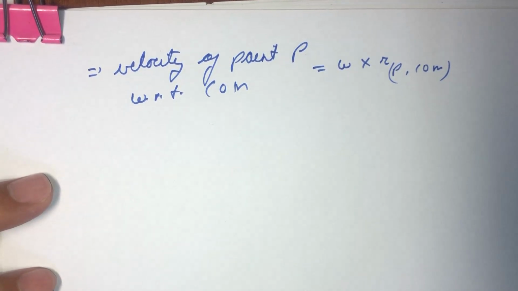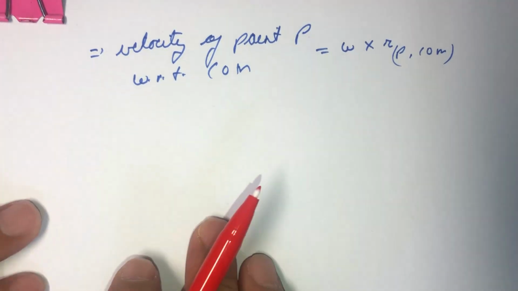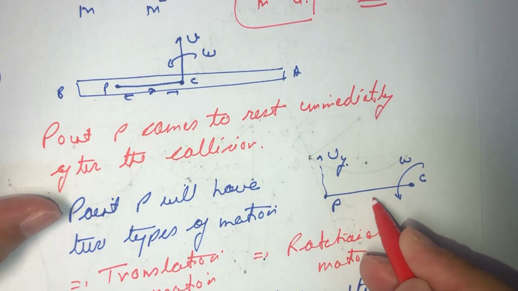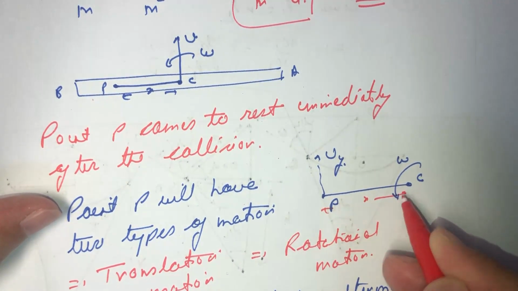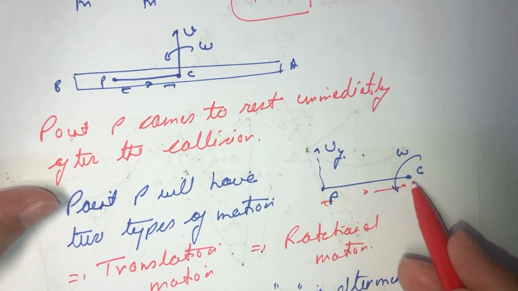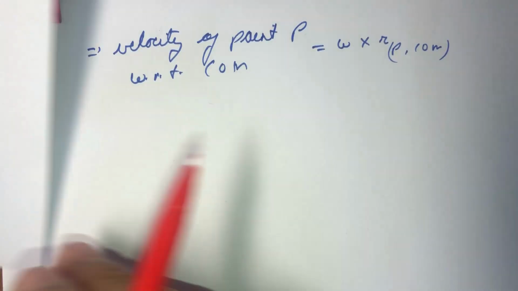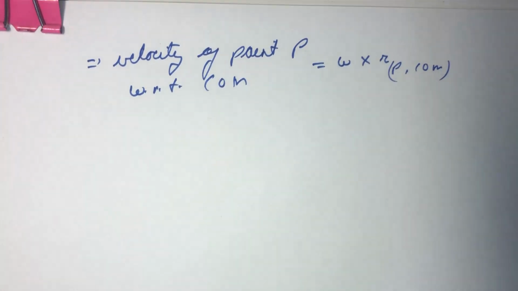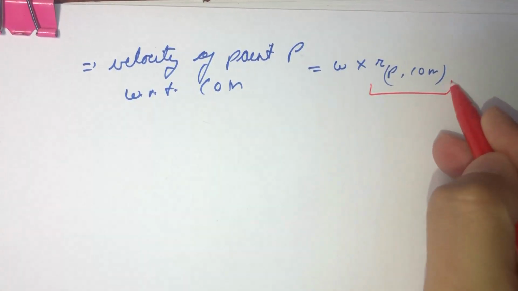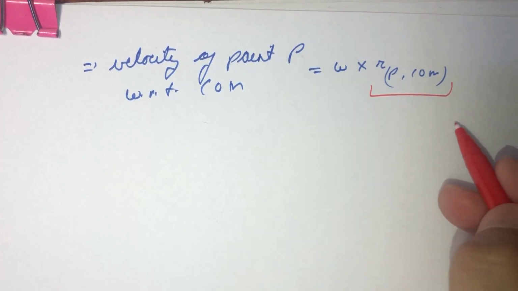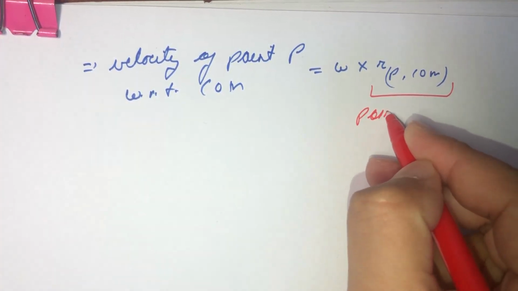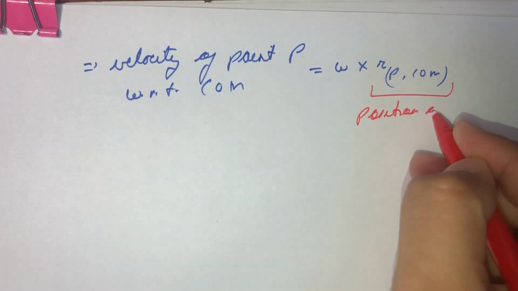And we already said that this is our x. So the position of point P with respect to center of mass is our x. And we can also write here that this is our position vector of point P with respect to center of mass.